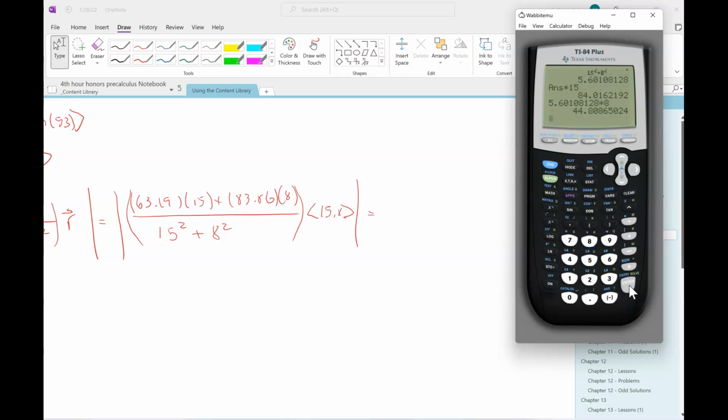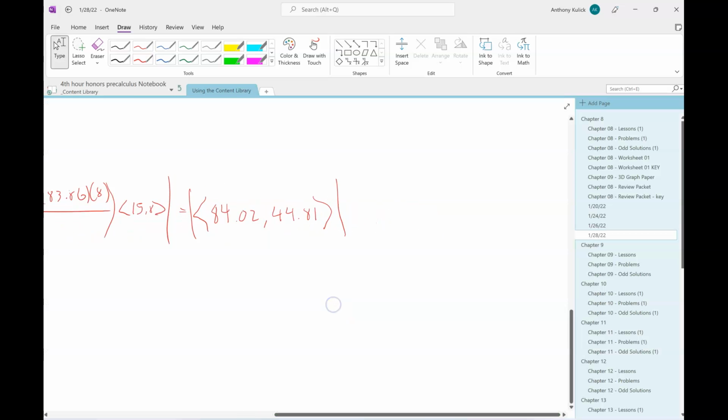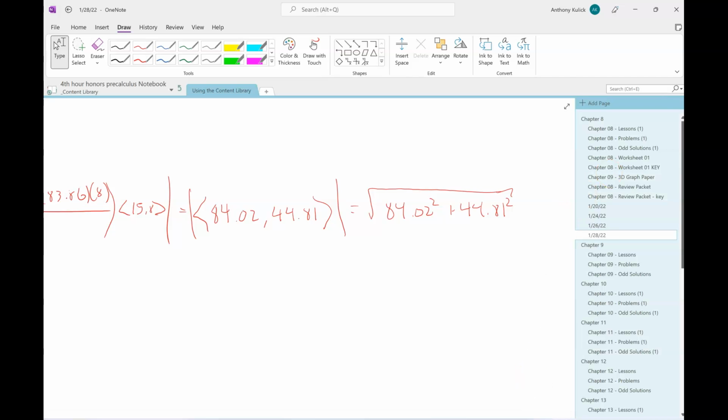So 8402 and 4481. So that's my projection vector. Now I still just need to take the magnitude of that. And then I'm done.